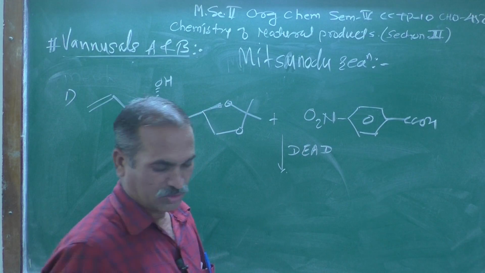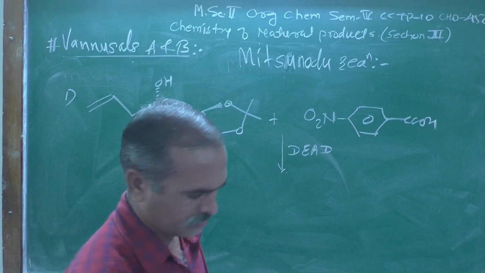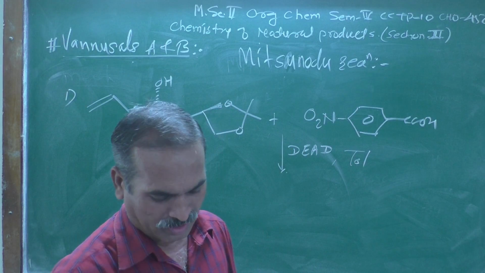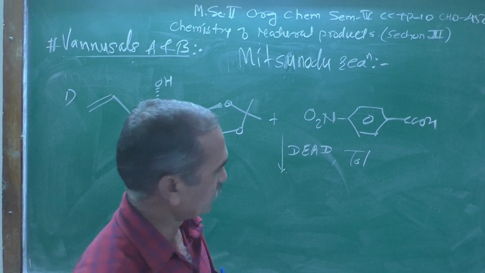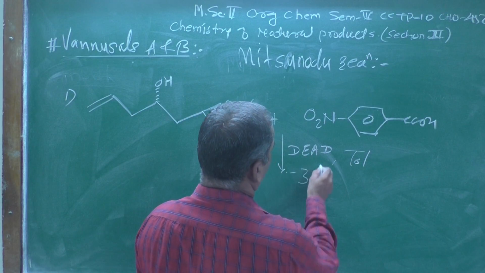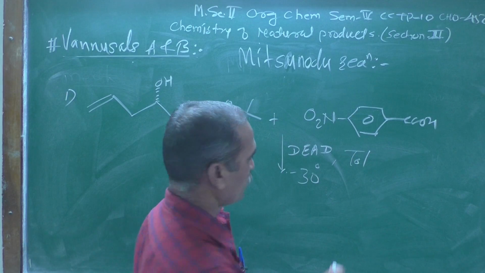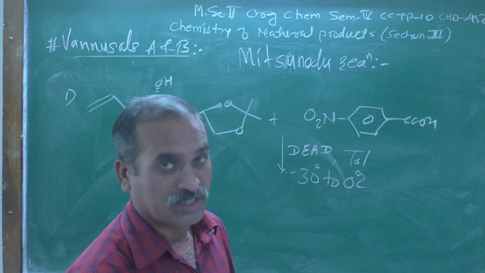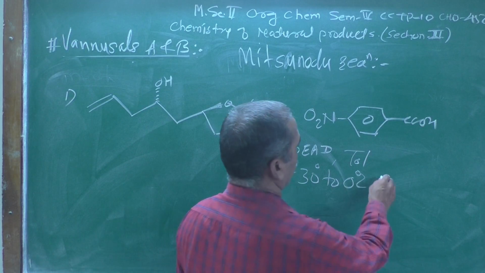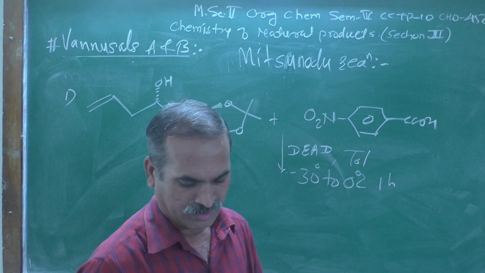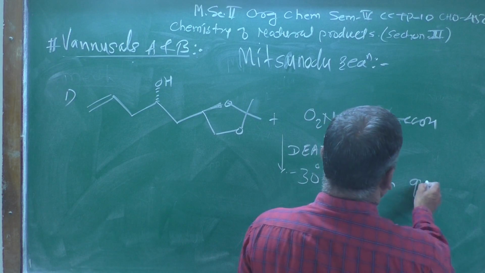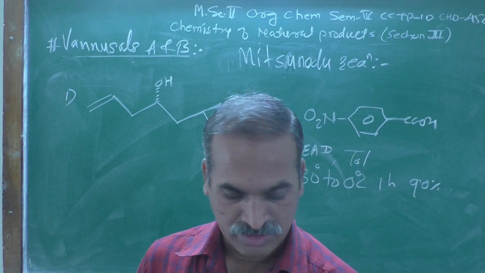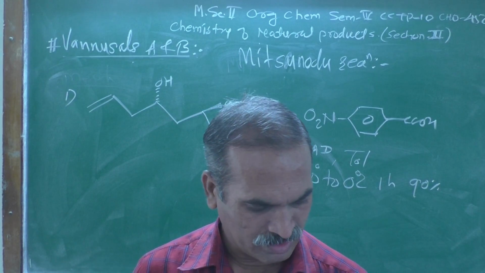diethyl azodicarboxylate in presence of toluene, which acts in this reaction as a solvent, temperature minus 30 degrees centigrade to 0 degrees centigrade, and this reaction mixture was stirred for 1 hour, and the overall yield obtained is 90%.